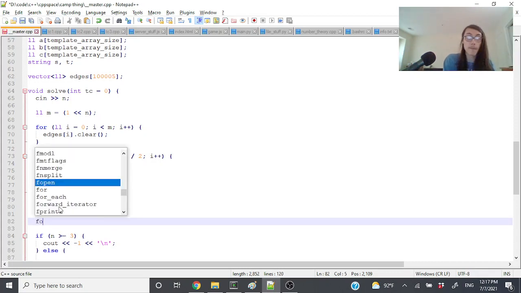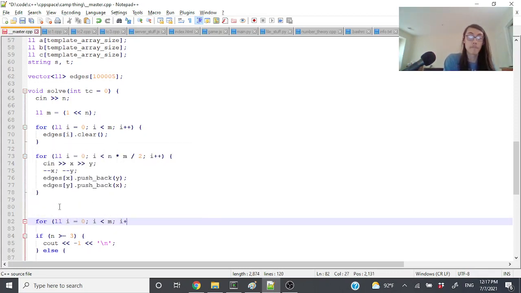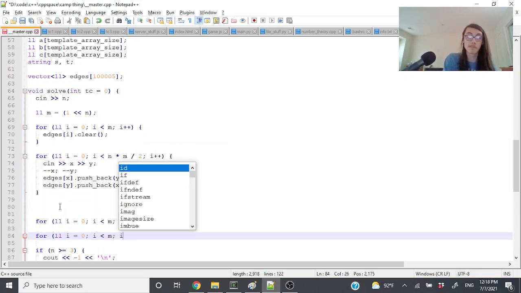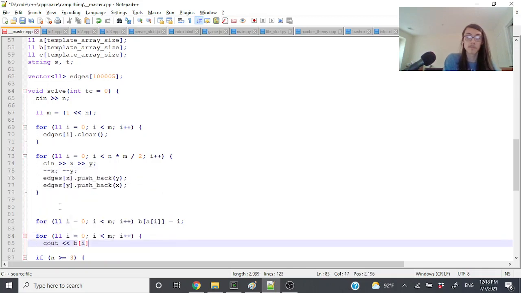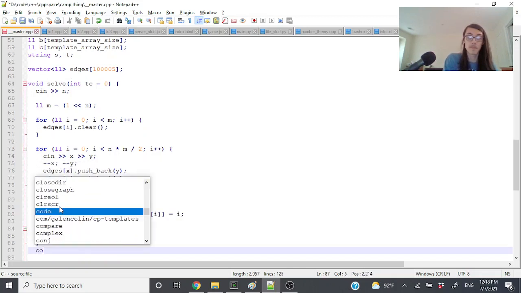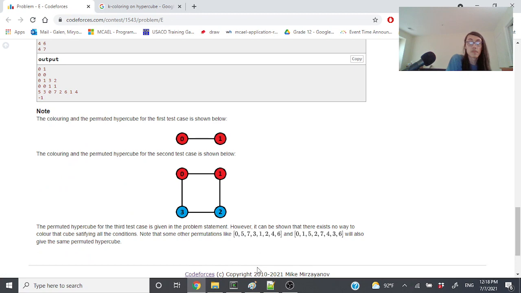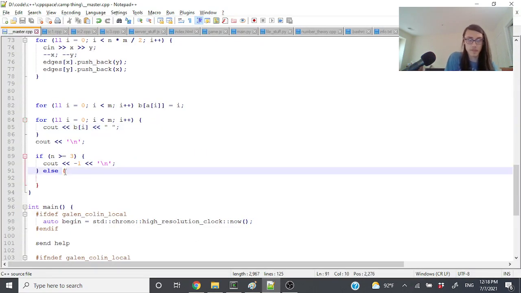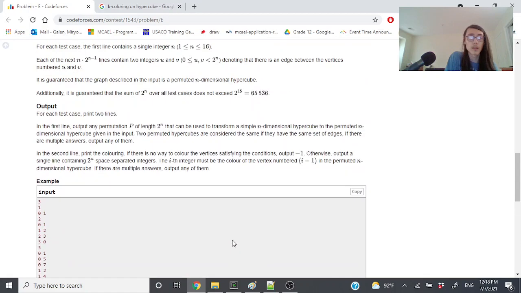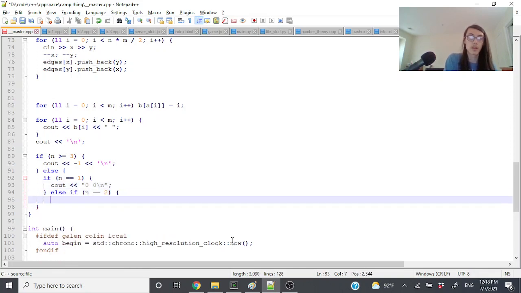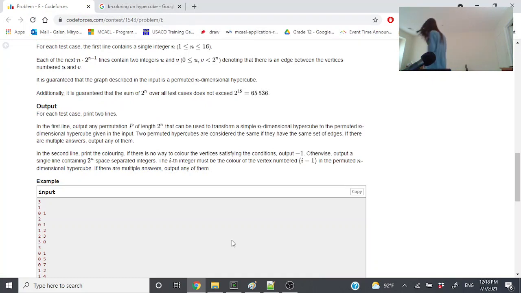Okay, now, so let's see, if n is 1, otherwise n is 2, so it's a square.